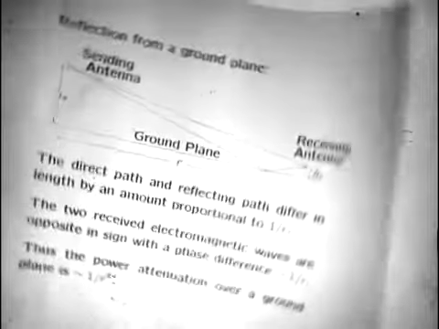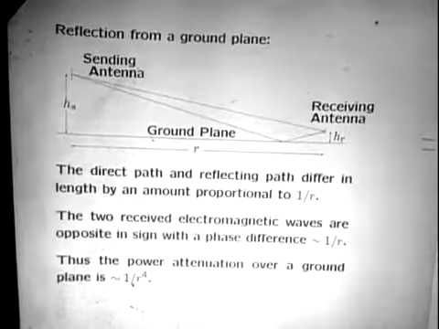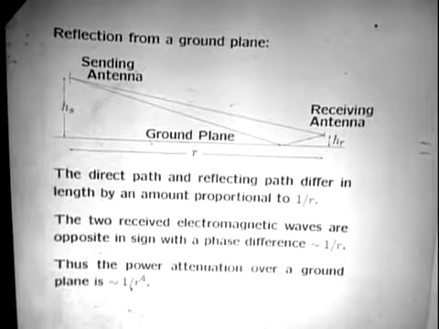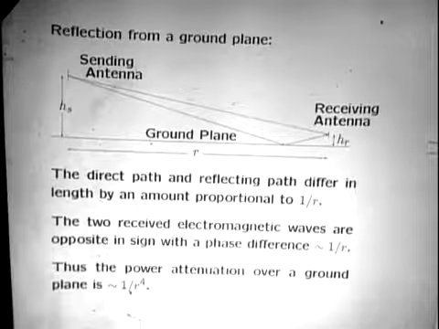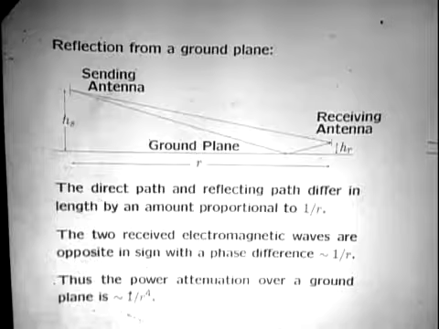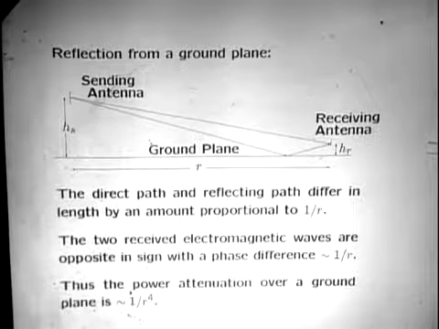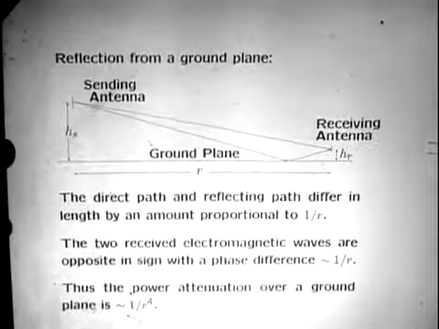Okay, I want to go through one more example of electromagnetism because it's so surprising. At least it was surprising to me when I found this out. If you have a sending antenna, think of this as a base station, which is high up at about maybe 50 meters or something.